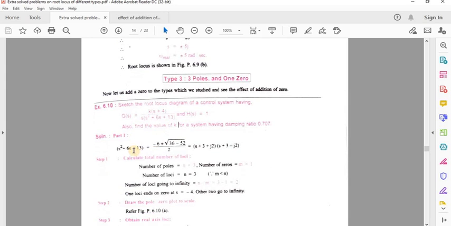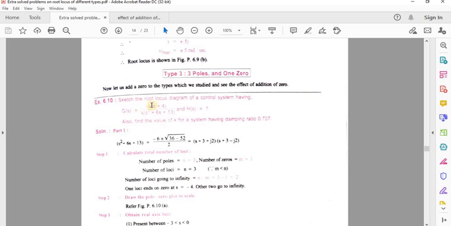Just simplify this denominator and you will get two complex poles in terms of j. There is a zero present, so this will be quite different, but a similar kind of example to the first problem.